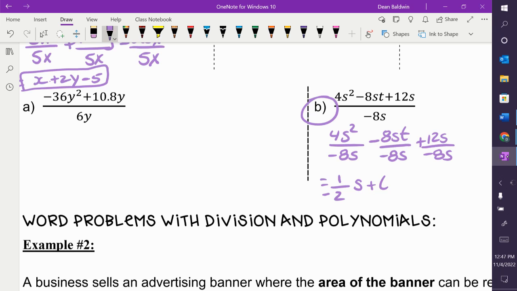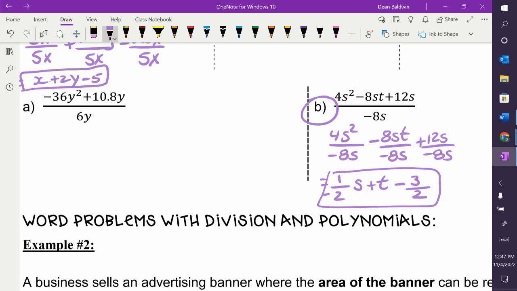So I'm left with just T. And the final one, it's a positive 12 divided by negative 8, so I know the answer is going to be negative. 12 over 8, that's not a nice number, so reduce it. What goes into 12 and 8? 4. How many times does 4 go into 12? 3. How many times does 4 go into 8? Twice. What happens to the S's? Cancel. And that is your answer.